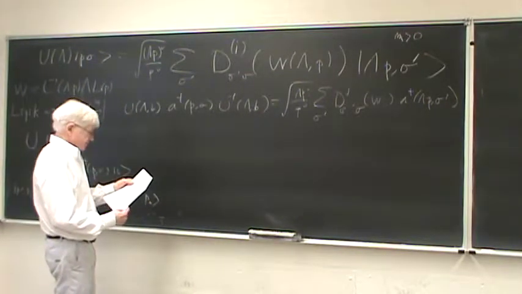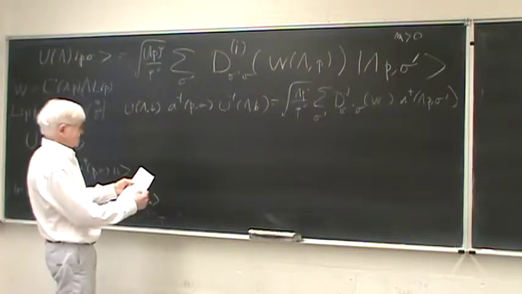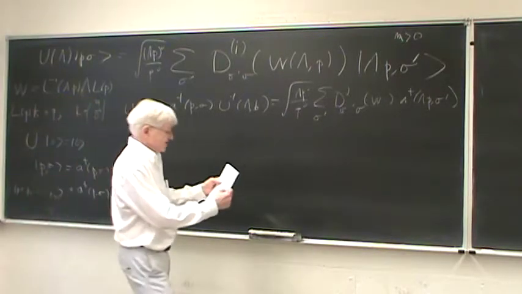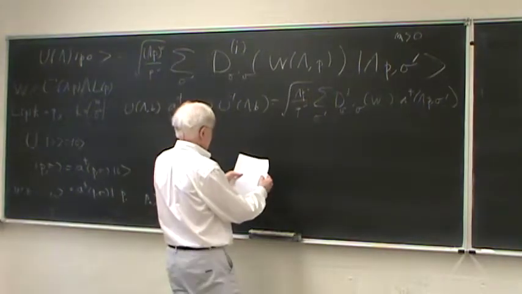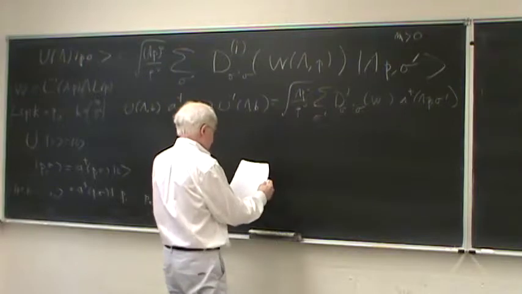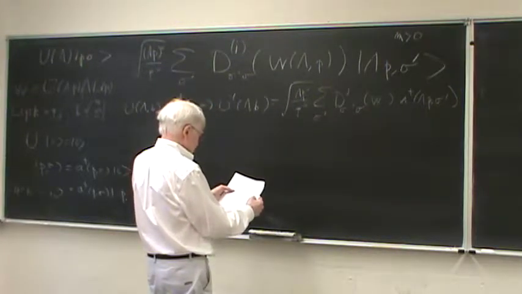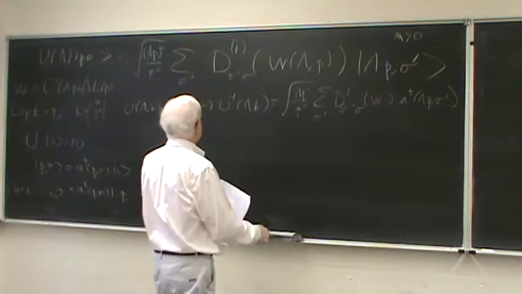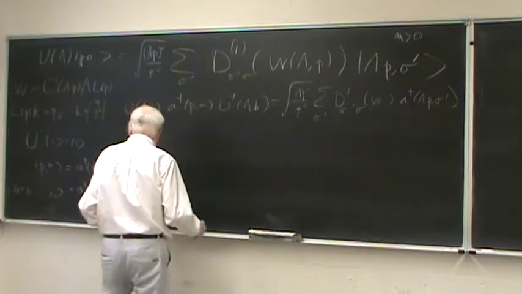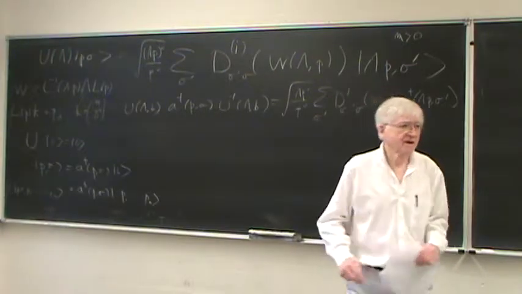Let me see, I've actually left something out. There's a phase factor, and I see I've got the phase factor wrong in some of these equations. Damn it. Okay, let me redo this.